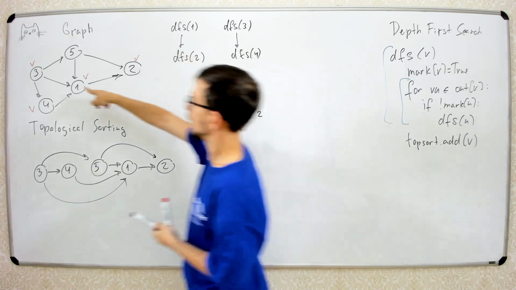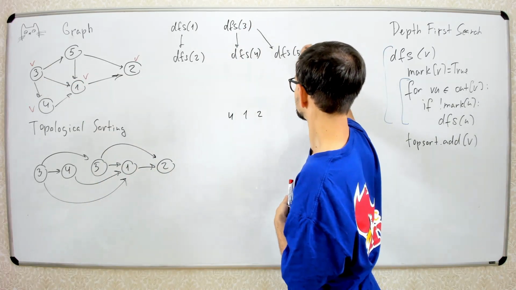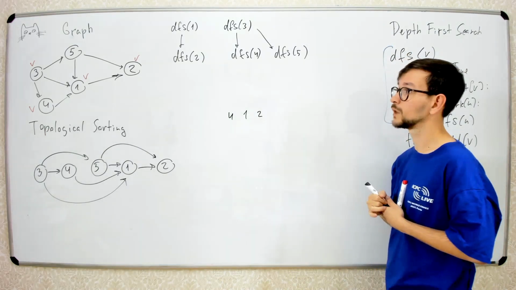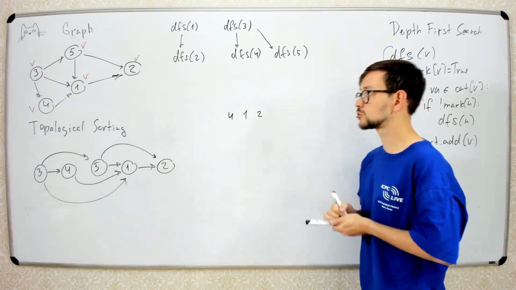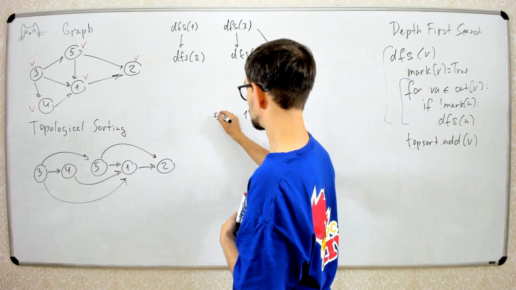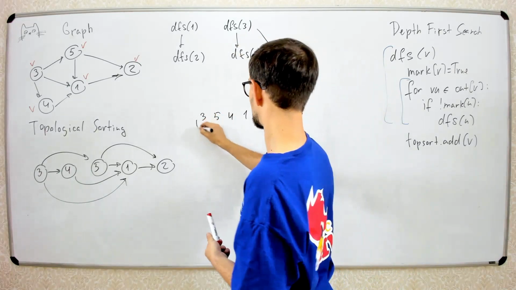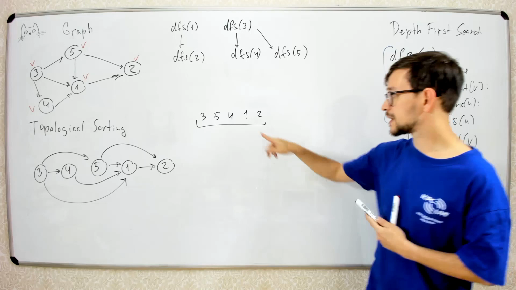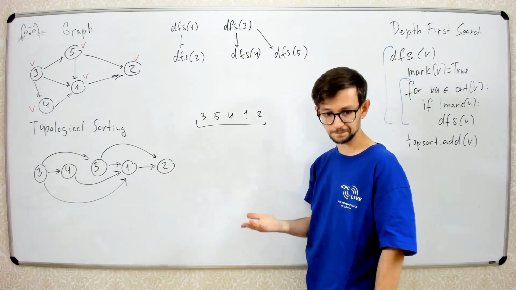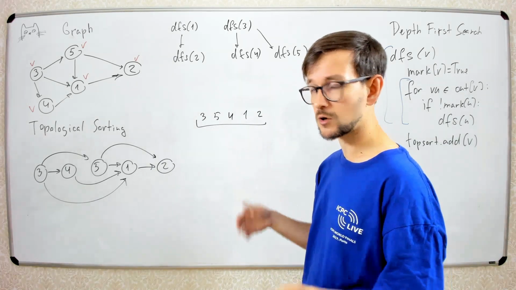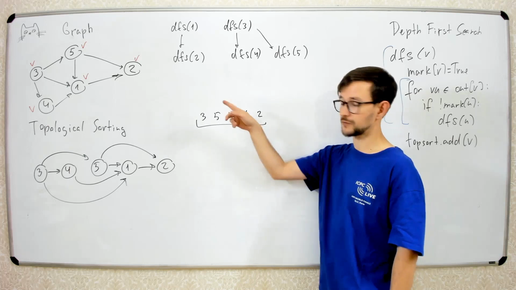You see another edge from 3 to 5, so you go to node 5. Mark node 5. There's nowhere to go from node 5, so you stop the recursion there. Output node 5, then go back to node 3. Nowhere to go from node 3, so you output node 3. So this is a topological ordering. It's another topological ordering, yeah? So the topological ordering is not unique. There may be different topological sortings of the same graph, but this is a correct topological sort of these nodes.